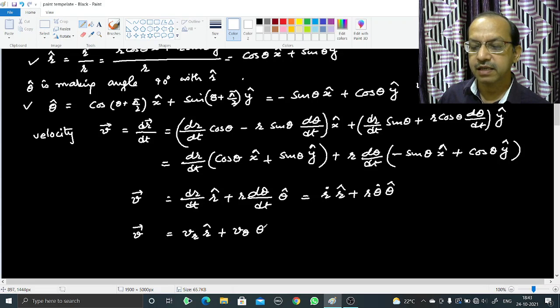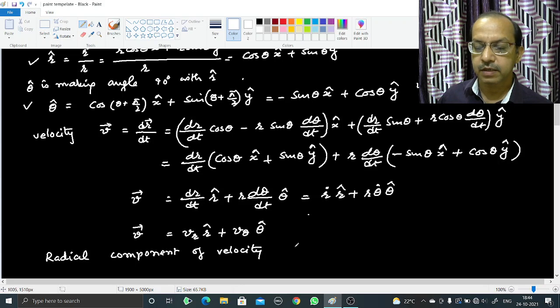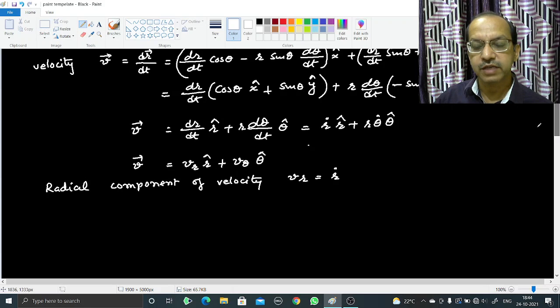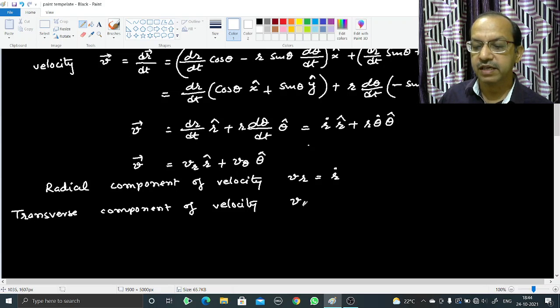By comparing these two, we can say that the radial component of velocity, Vr, is equal to r dot, and the component perpendicular to the radius, along theta cap, we will call the transverse component. The transverse component of velocity, V theta, will be r theta dot.